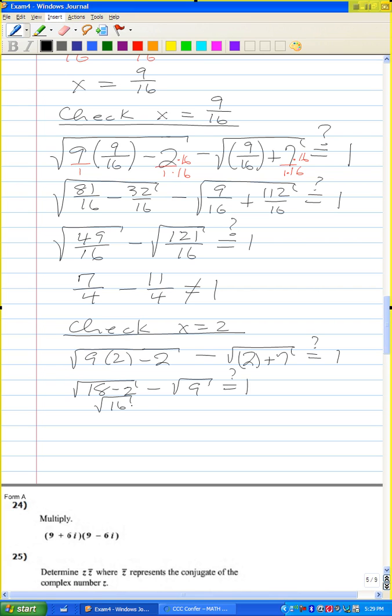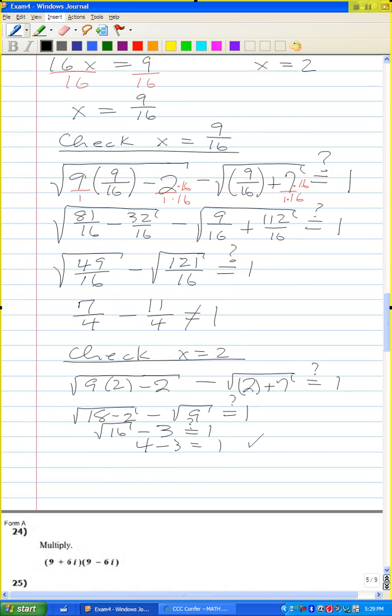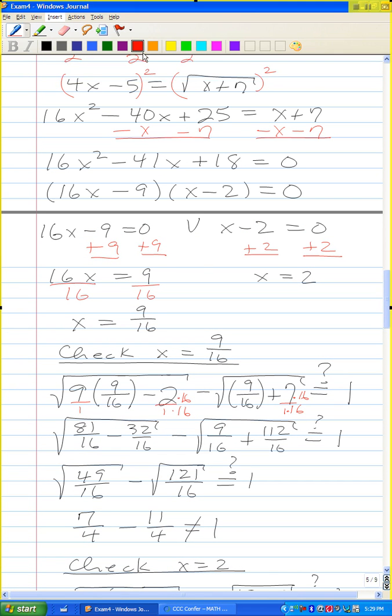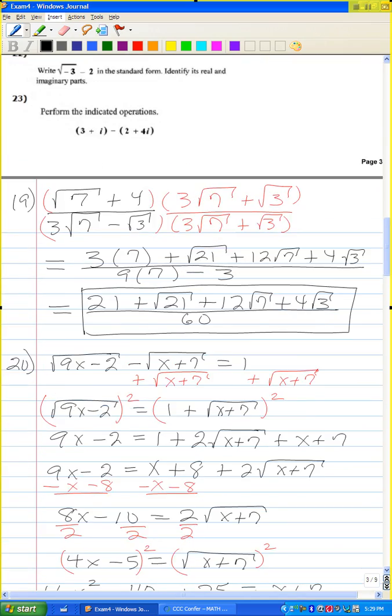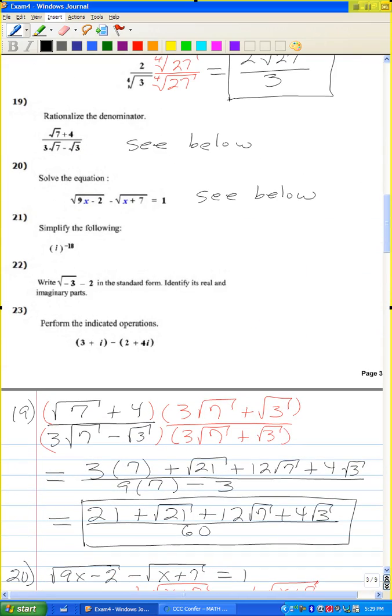Square root of 16 minus 3 equal to 1? 4 minus 3 equal 1? Yes. And so the 9 over 16 is extraneous, but x equaling 2 works. Remember that you've got to check or else you will not get full credit.